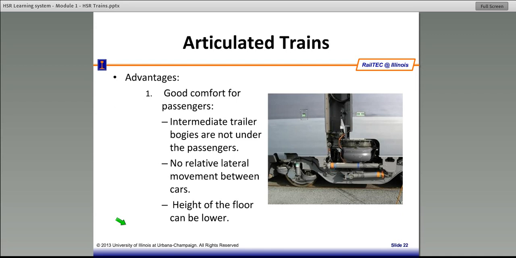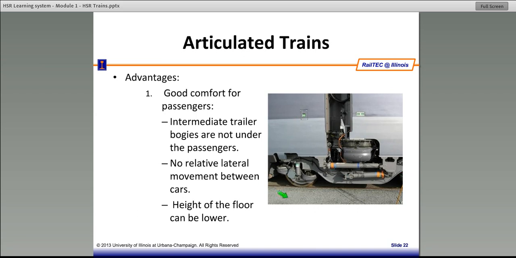It's because the bogie is in between the two cars. There is no bogie immediately below the train, and so the passenger will have less noise coming from underneath the train floor.